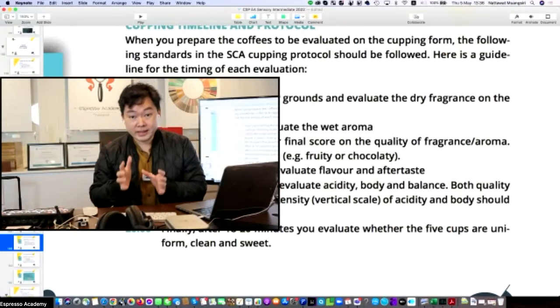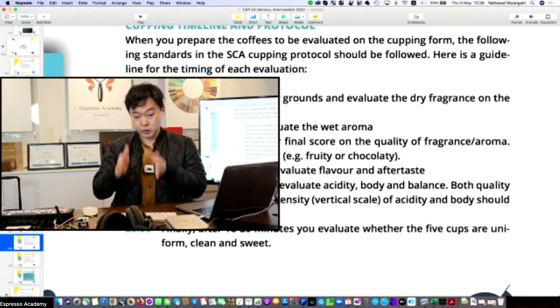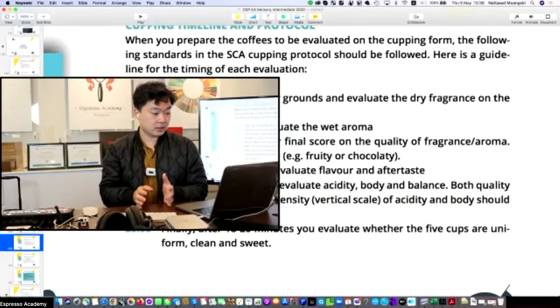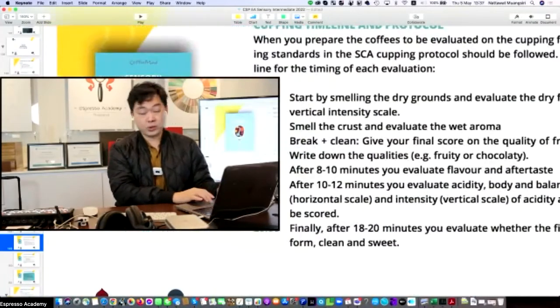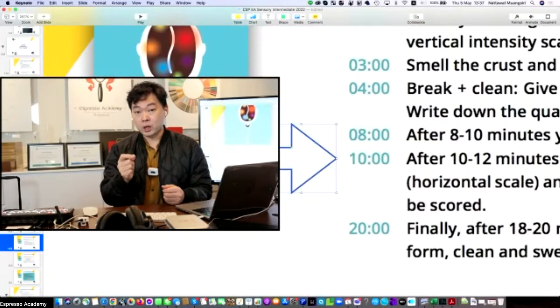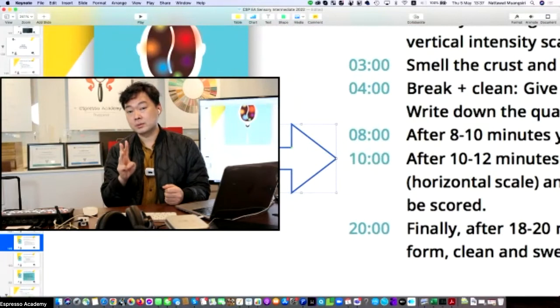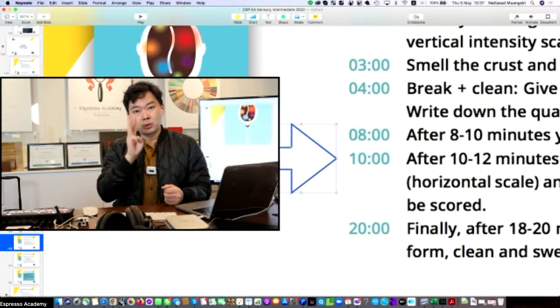You evaluate this cup, and then 2 or 3 minutes later, you come back here, you evaluate the acidity, you evaluate something else, like at the 10 minute. Therefore, you only have 2 to 3 minutes per round. You need to be fast.